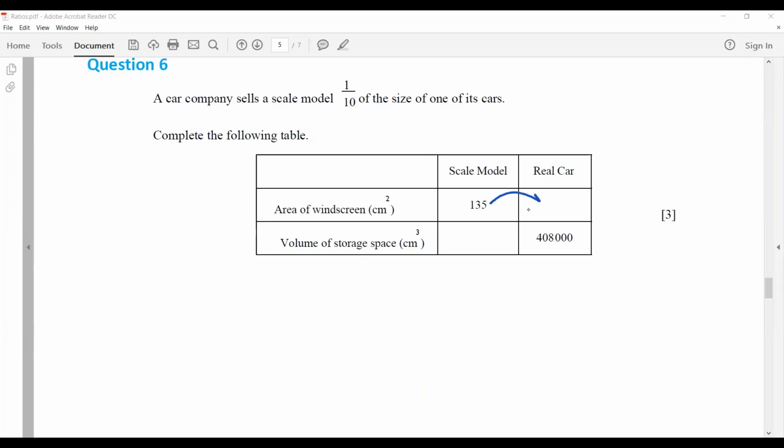So you multiply this by 10 to the power of 2, which is basically times 100. So you get 13500. And this one, you have to divide by 10 raised to the power of 3, which is 1000. So basically 3 zeros are gone, and the final answer is 408.